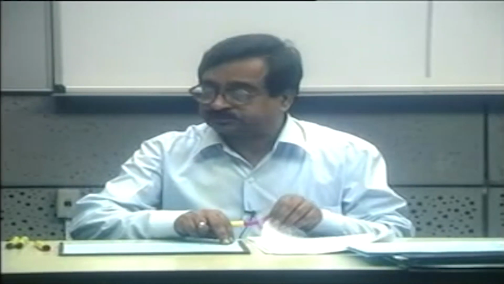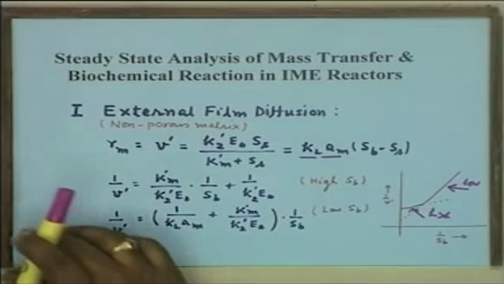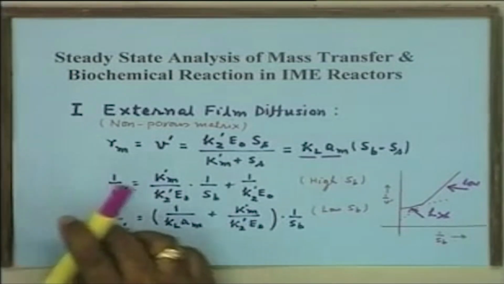If SB minus SS is 0 essentially or a very small quantity, then there is no diffusion limitation. If this magnitude is large, or SB is much larger than SS, in that case the film diffusion is the dominant player. And so, the nature of the Lineweaver plot under the range of conditions of substrate concentration can give you an idea of the mass transfer coefficient.